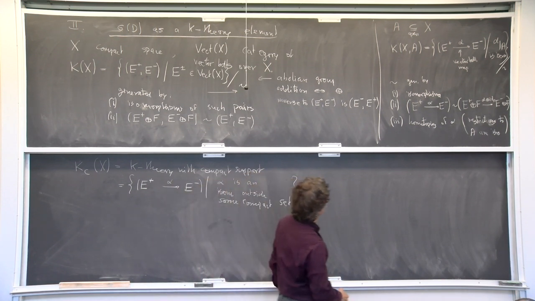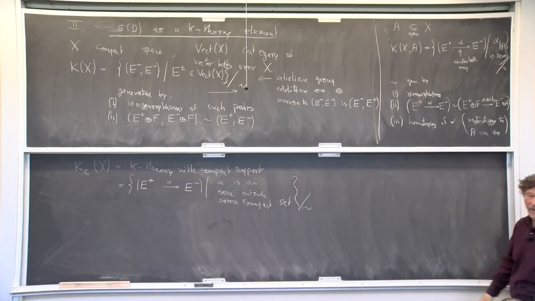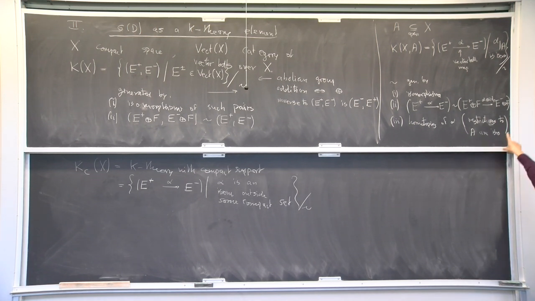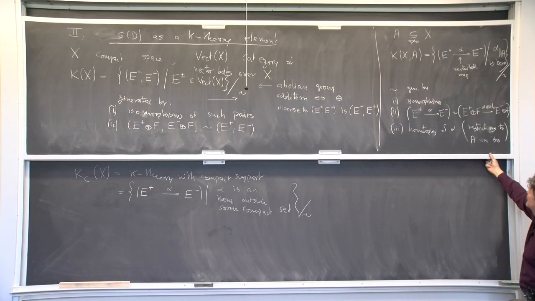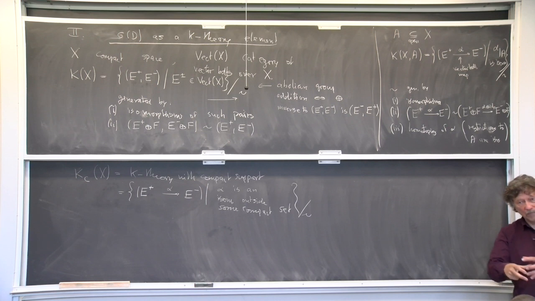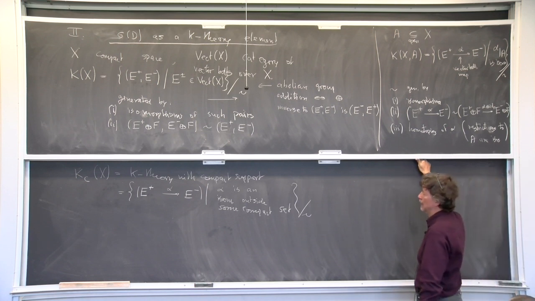So you're saying, well, there's an obvious notion of isomorphism of these things, an obvious notion of adding the identity map of another vector bundle, and an obvious notion of homotopies of these alphas. Of course, keeping the restriction that while you're deforming, you still should have an isomorphism outside a compact set at all times. But it doesn't need to be the same set as you deform your vector bundle map.